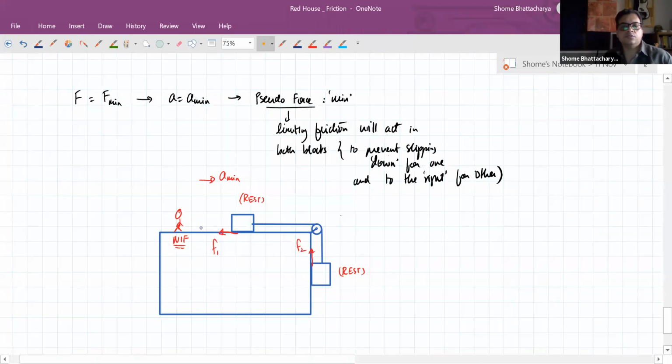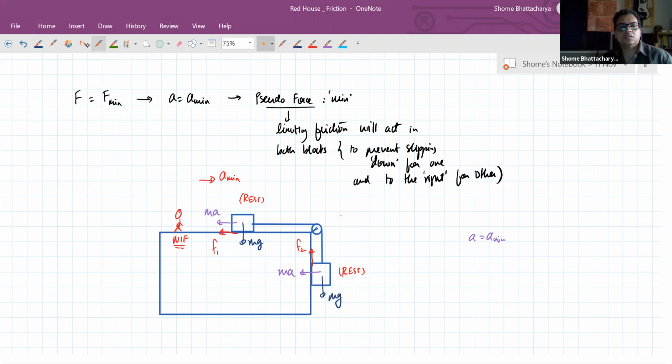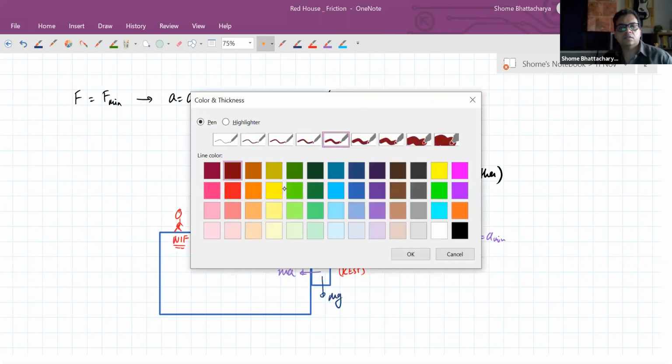Now let's list the other forces. So there is pseudo force on this. Remember the blocks are of same mass, small m. This F is of course the F minimum. There is mg, mg. There is some tension in the thread.